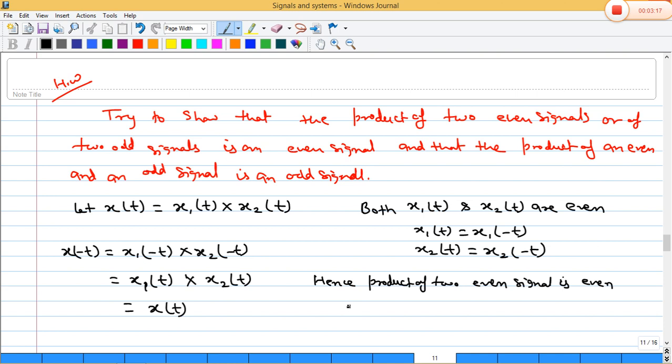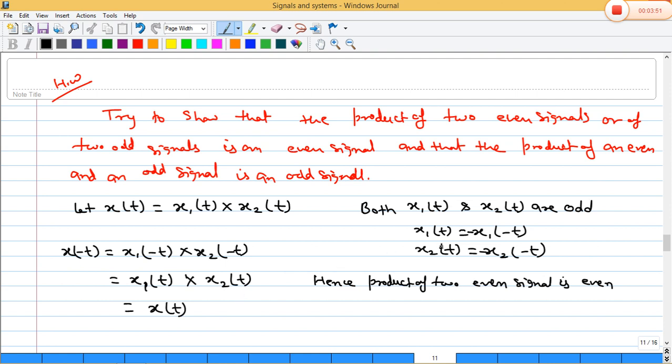Now next, try to show that the product of two odd signals is even. Both x1 and x2 are odd signals. What is the condition for odd? For odd, the condition will be a minus, and here also a minus.